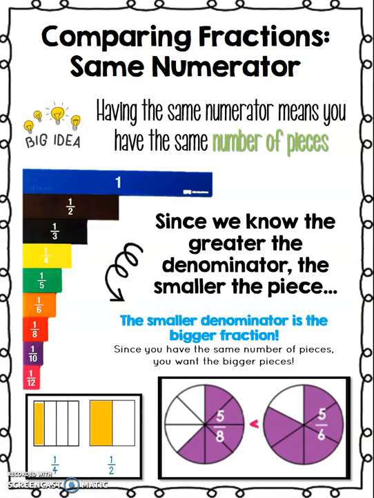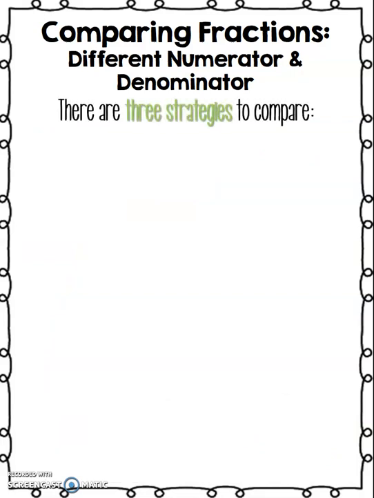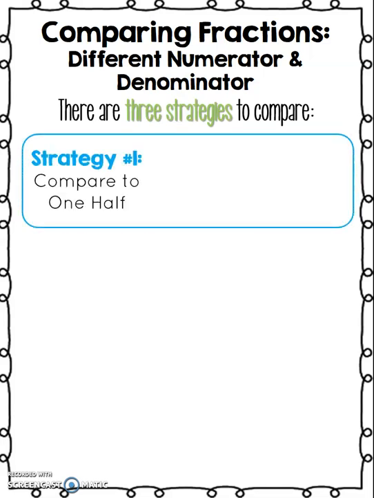Okay, so now we know how to compare when we have the same denominator and the same numerator, but what happens if they're different? When the numerator and the denominator are different, there are 3 strategies we could try. The first is to compare your fractions to 1/2. So for example, if I wanted to compare 5/8 and 1/3, I know that 5/8 is greater than 1/2 because 4/8 is exactly 1/2.